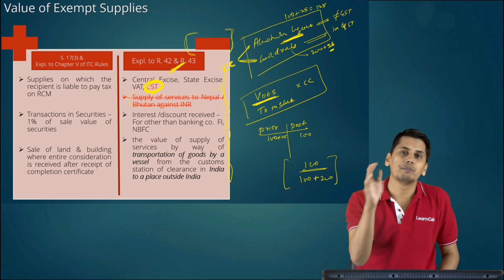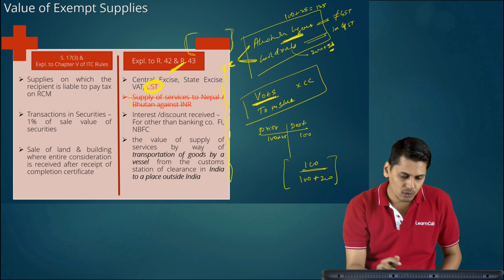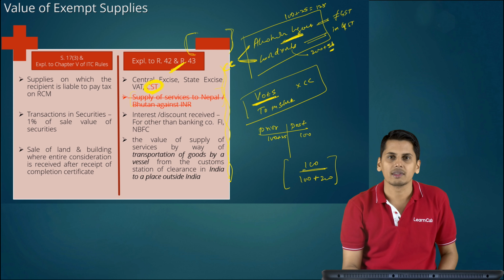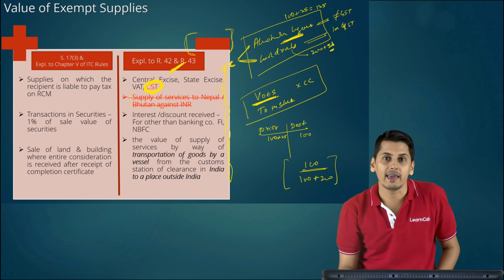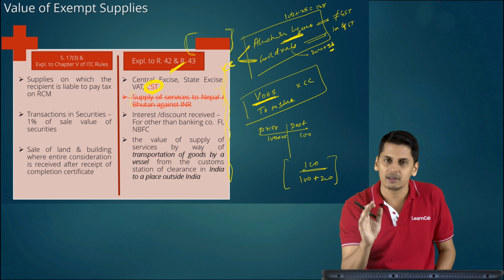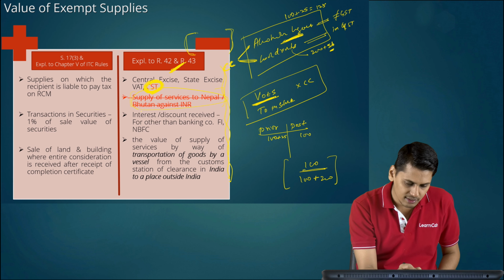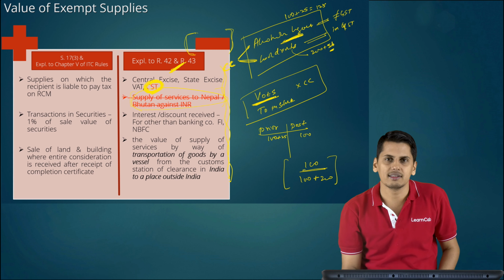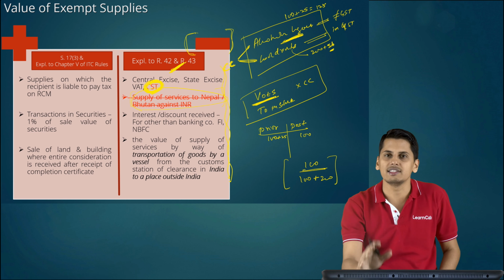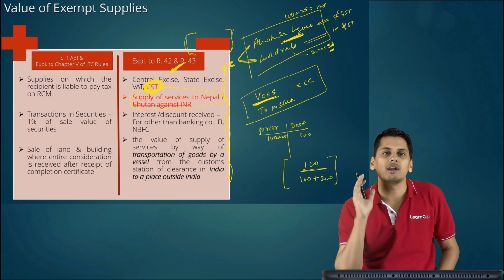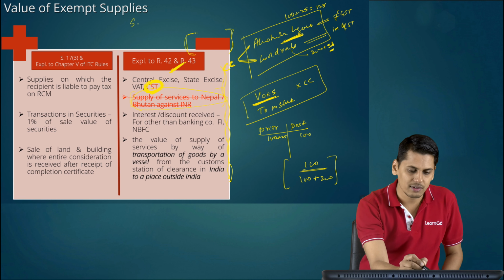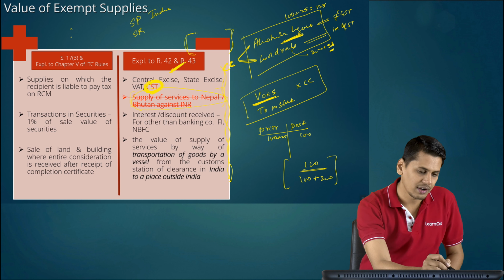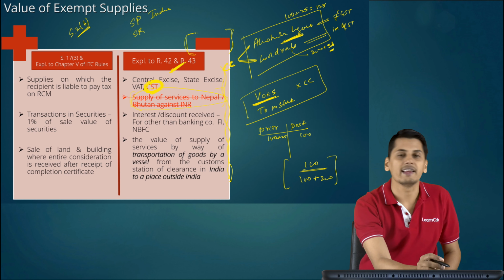Now friends, prior to the amendment, before going into this, let us discuss what is meant by export of services. There are certain conditions in the IGST law for a transaction to qualify as an export of service, defined in section 2 clause 6 of the IGST Act.